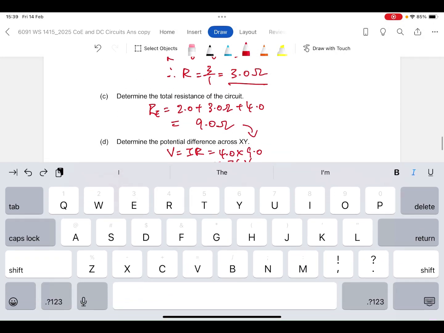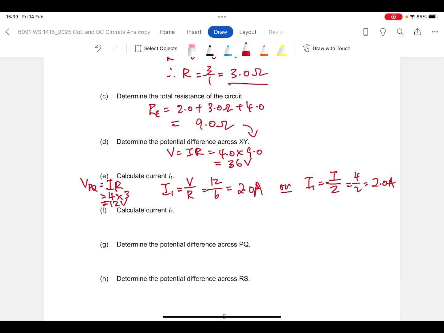For I2, similarly, there is more than one way to do this question. You can take the potential difference across PQ divided by the resistance of the second branch, which is 12 divided by 6 as well. You get 2.0 amperes. Or we can use I2 equals main current divided by 2, and you get 2 amperes.